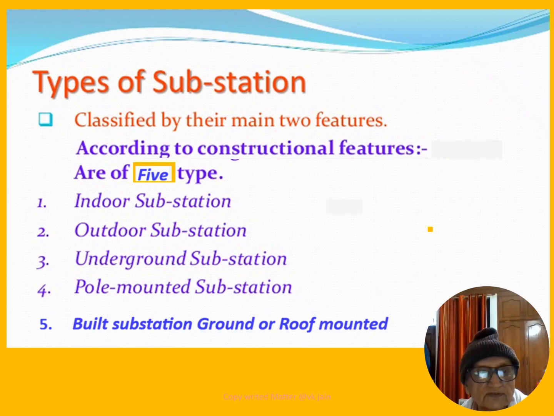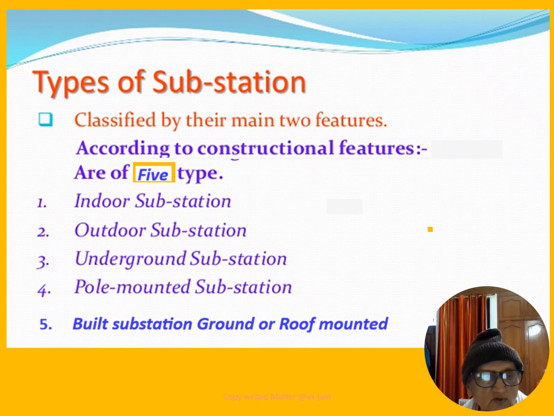Friends, we were discussing substations. The current slide shows types of substation. Substations can be of different types as classified by two features. The first one is according to constructional features. The substation can be of five different types.